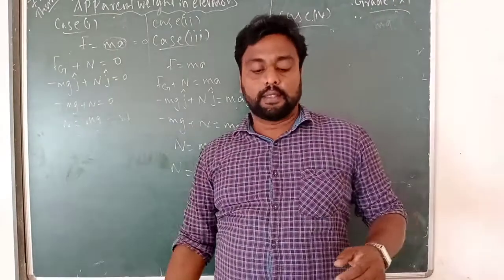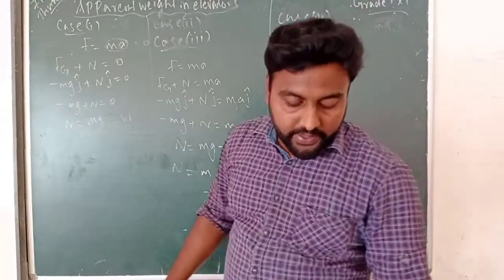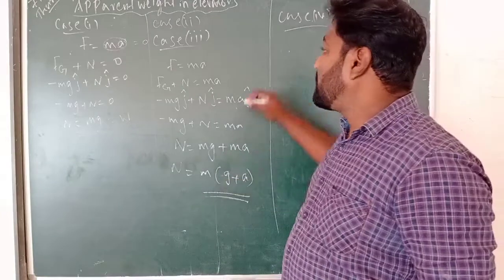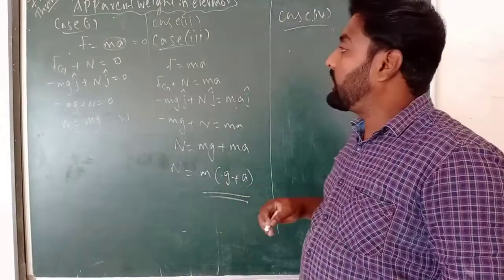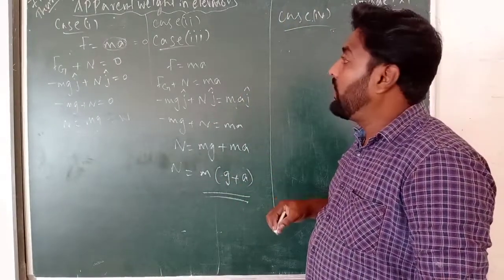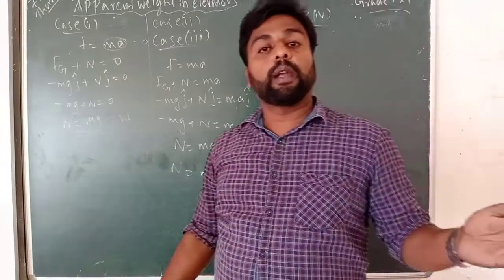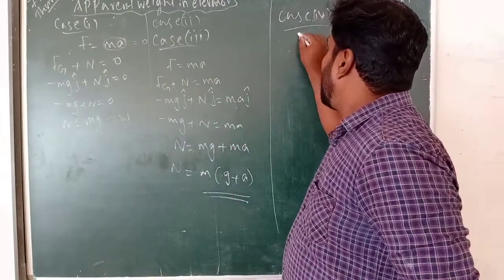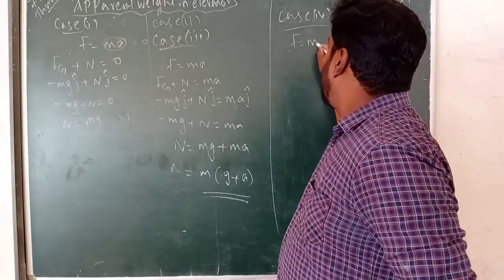Now case 4, the last case, when the elevator is accelerating downward. Assume that the elevator is accelerating downward. What will happen to the apparent weight compared to his actual weight? Apply Newton's second law, ma.